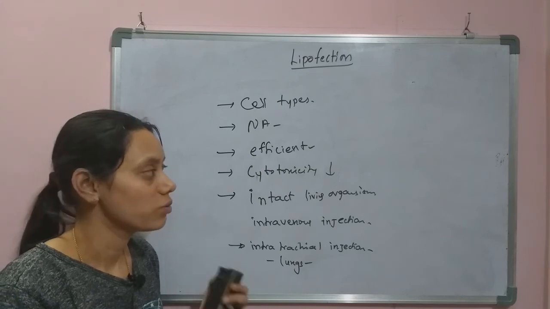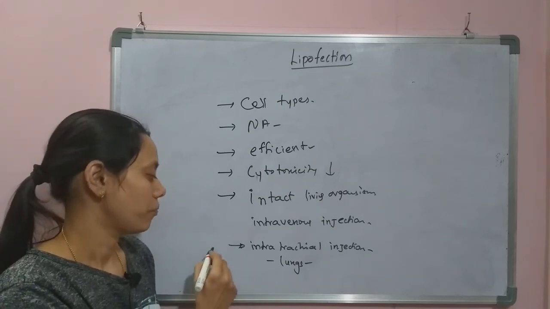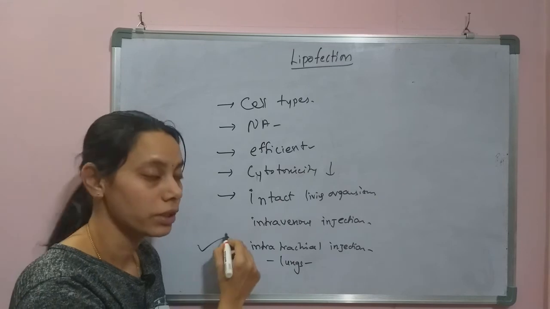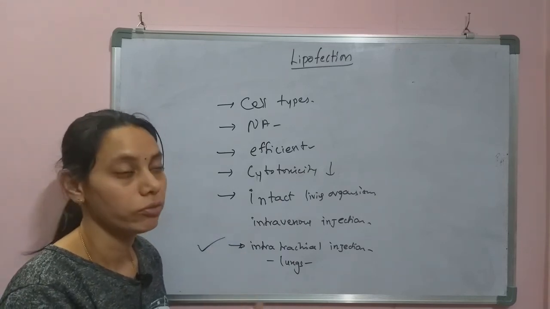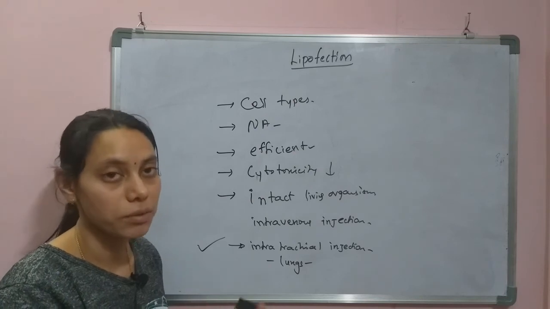So these are the advantages. It is widely applied for the production of transgenic mice, and also applicable for the production of transgenic animals and plants.